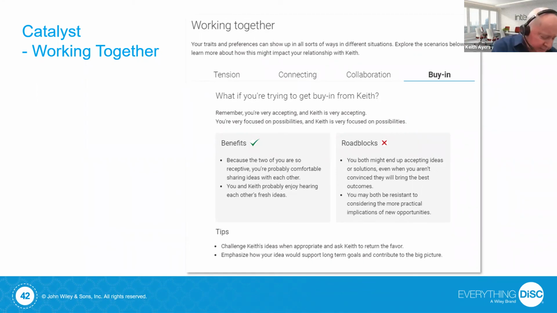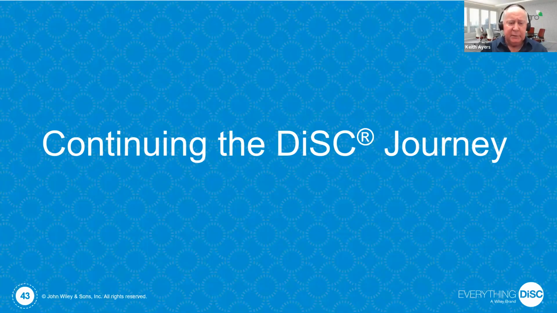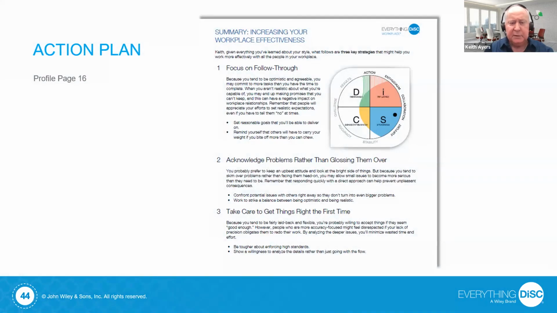Last thing I'm going to cover, I'm not going to have time to cover the Agile EQ and productive conflict today, but one of the things that I think people often overlook is in the back of your profile, page 16 in the workplace profile, there is an action plan page.